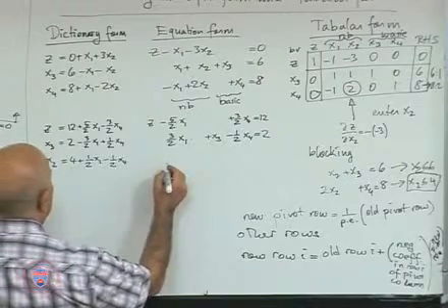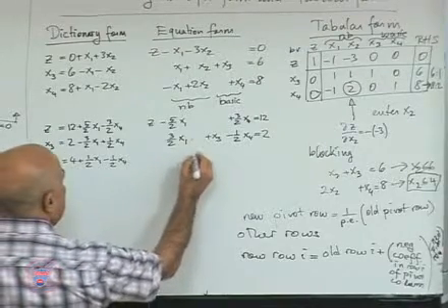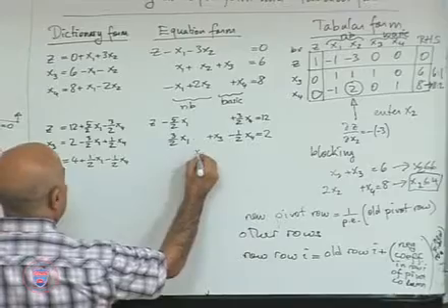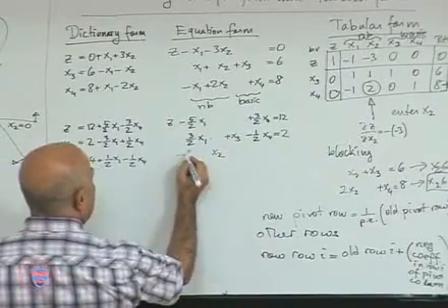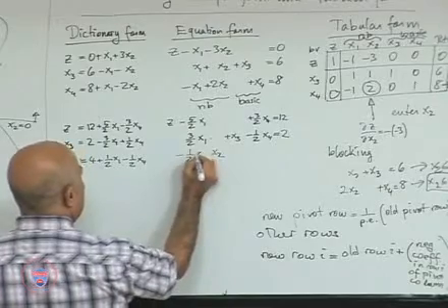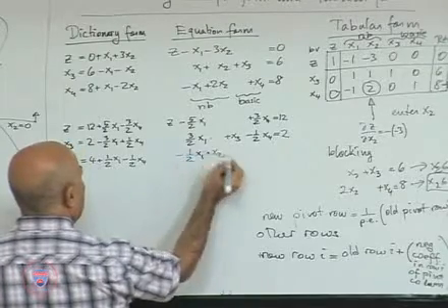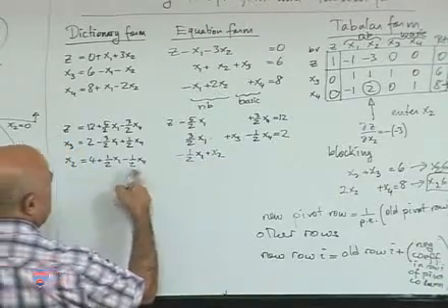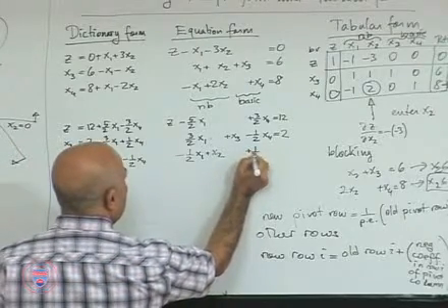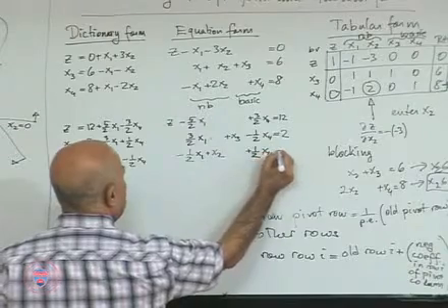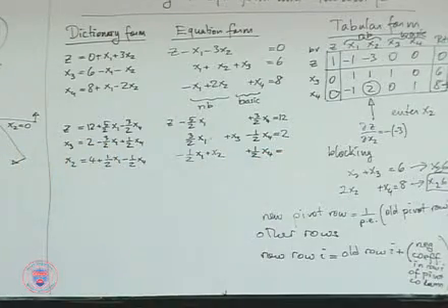The last one, x2 minus 1/2 x1 plus 1/2 x4 is equal to 4.